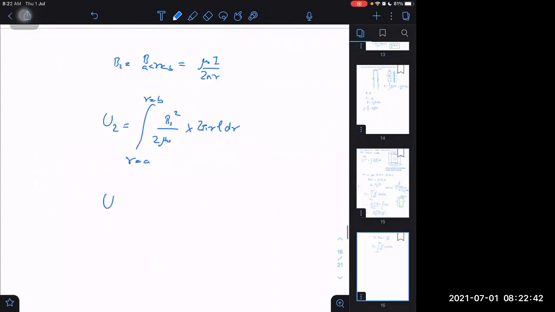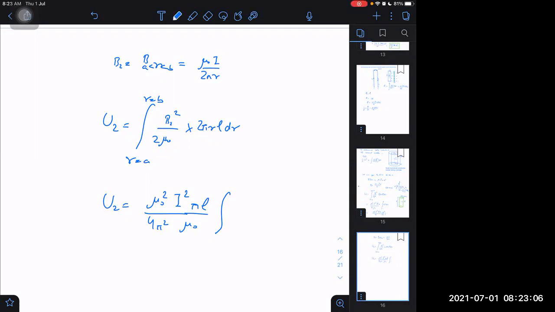After that U2. U2 will be similarly mu naught square into I square upon 4 pi square. Again, this 2 and 2 is cancelled. 1 pi comes from inside, 1 L comes from inside, 1 mu naught comes from inside. Pi above, L above, and mu naught below. Remaining is all R only. R square from here because B square, and 1 R is here.